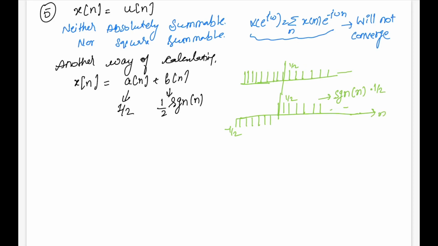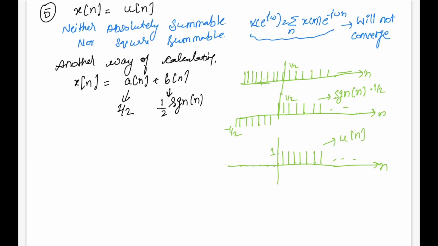Okay, so if we add these two, for negative values of n, plus half and minus half will cancel each other, so it will be 0. And for non-negative values of n, this will be half plus half, that is 1. Okay, this is 1, and this is what u[n] is.